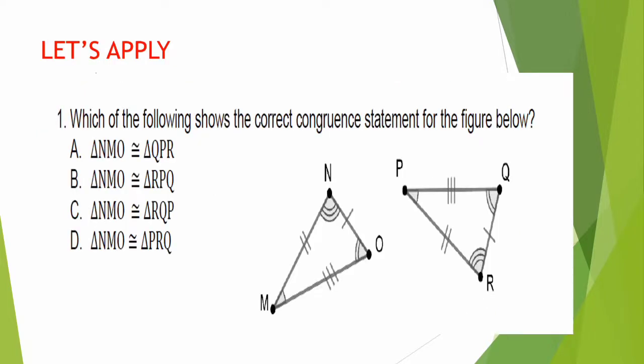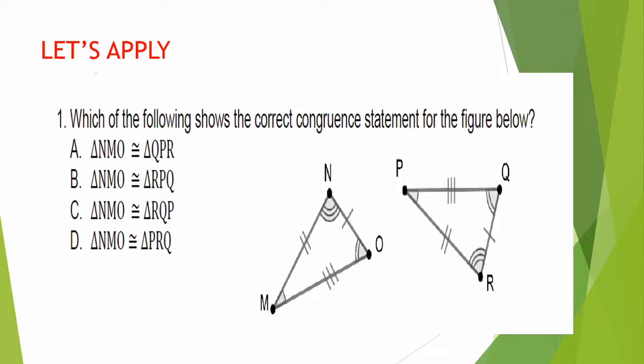Okay, now let's apply if we really understand our lesson for today by answering the 4 questions. Question number 1. Which of the following shows the correct congruent statement for the figure below? Letter A. Triangle NMO is congruent to triangle QPR.